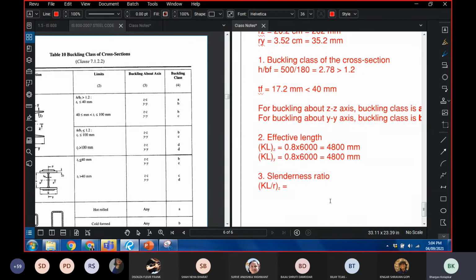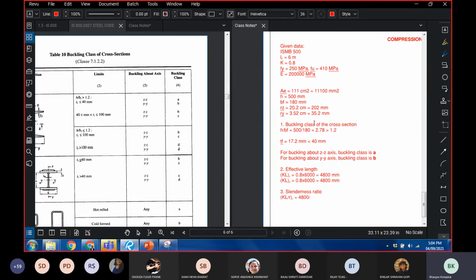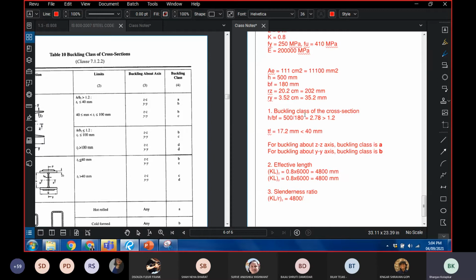So KL upon RZ is equal to 4800 divided by RZ. So what is RZ? It is 202. So 4800 divided by 202 is equal to, can someone please give me a number quickly?